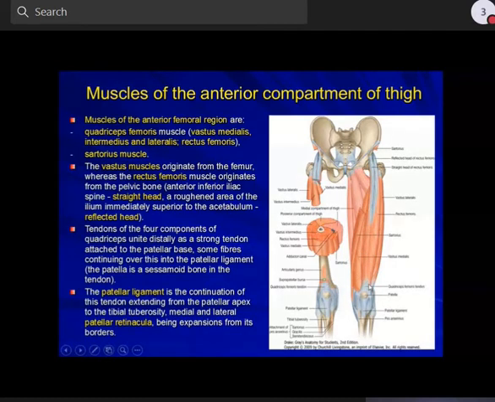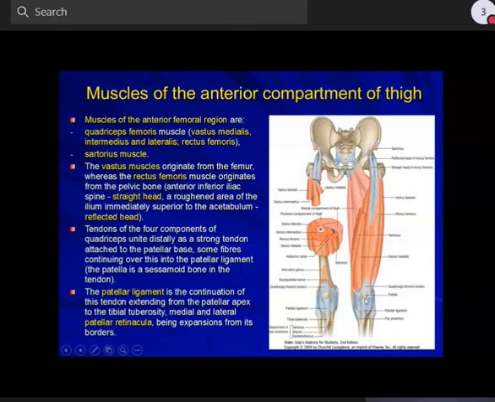Most of the deep aponeurosis forms the superficial part of the common tendon that includes the patella, and below it ends on the tibial tuberosity. Its distal part between the patella and tibial tuberosity is called the patellar ligament.